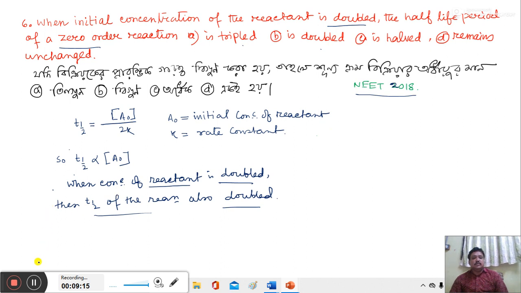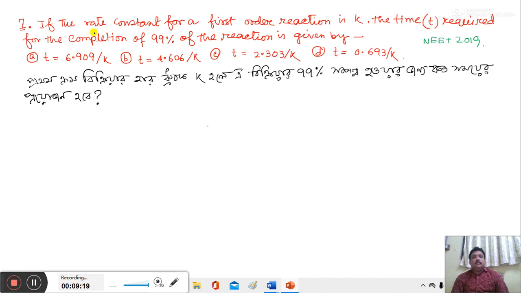Very easy question. Now my next question is, if the rate constant for a first order reaction is K, the time T required for the completion of 99% of the reaction. There are also 4 options. This question came in NEET 2019.